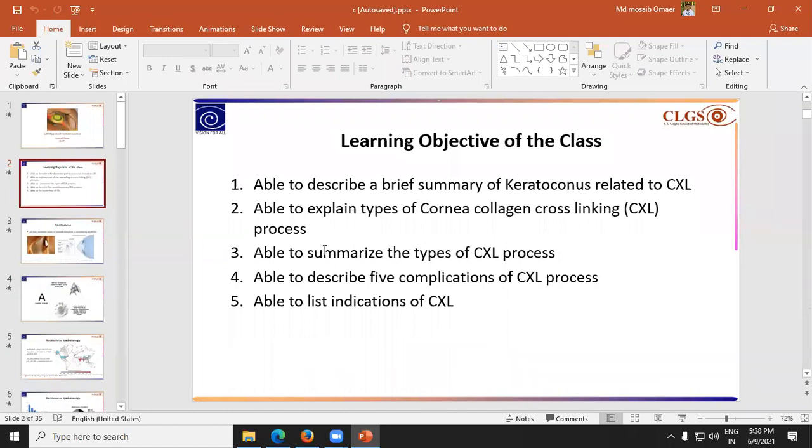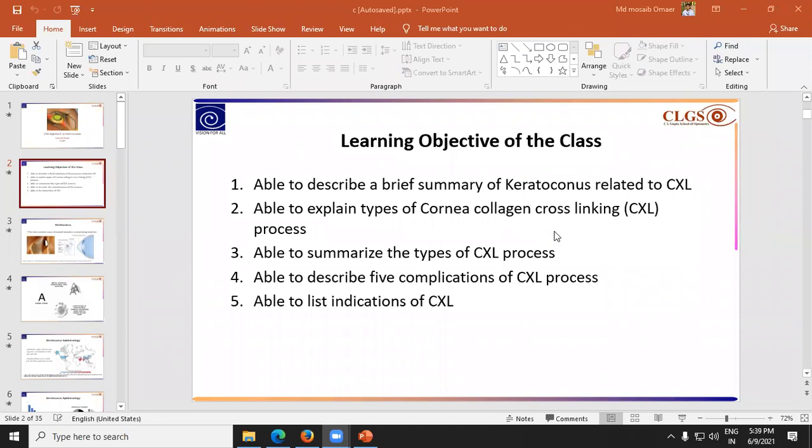So coming to the second objective, who can tell me the types of corneal collagen cross-linking? Ayushi. Okay, Mahima. Hello, sir. Yes.